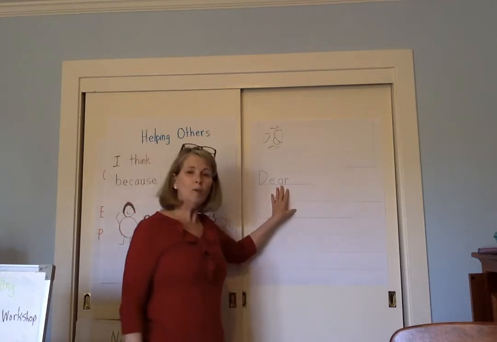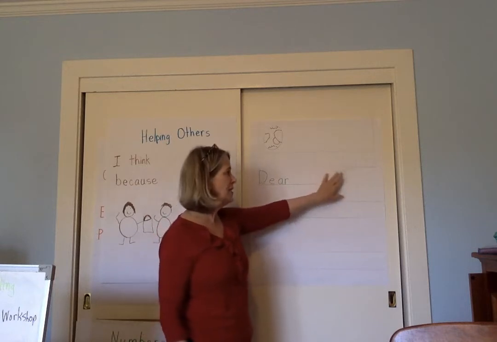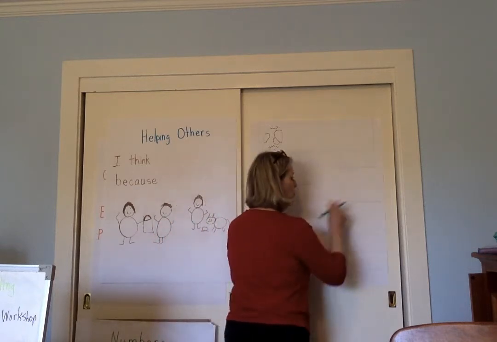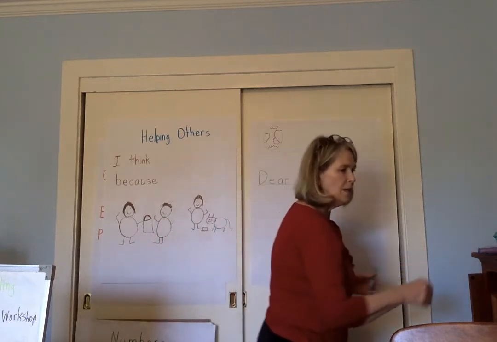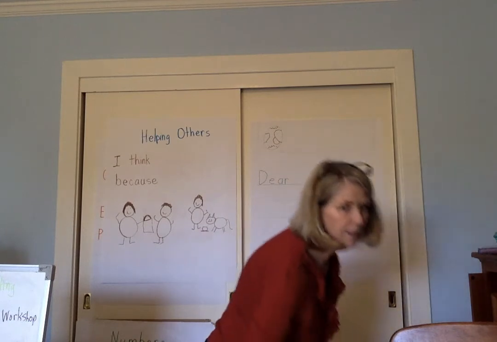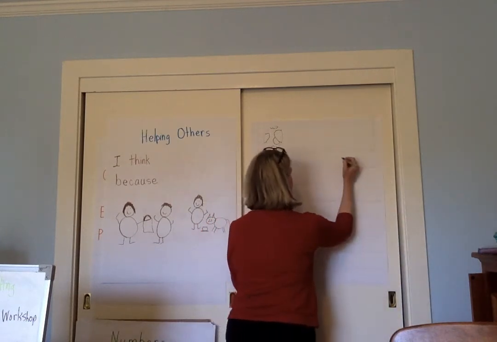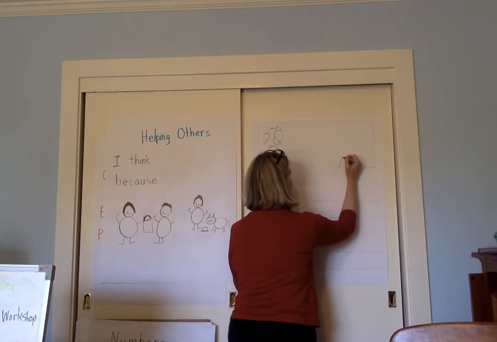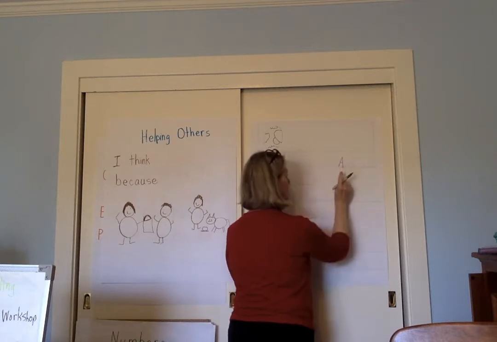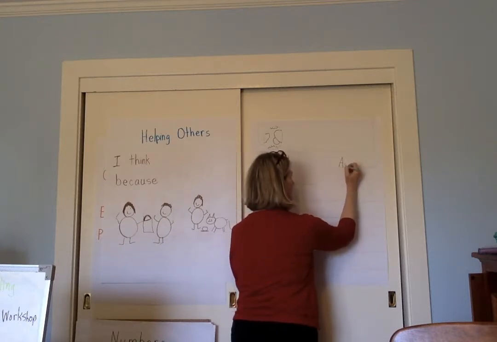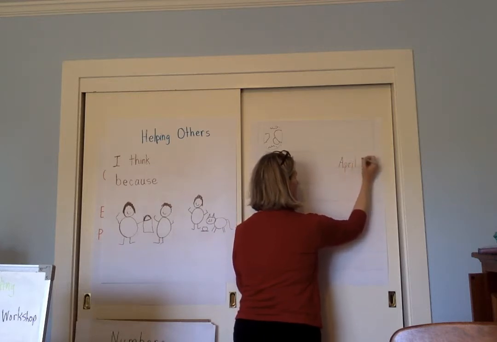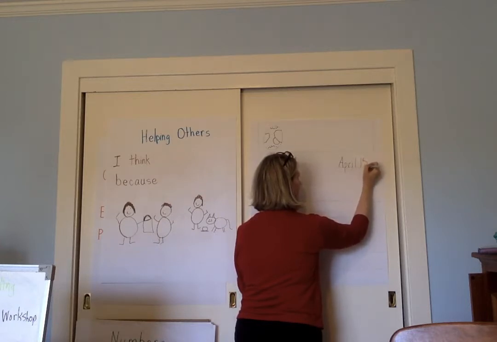A letter always has a date, and the date goes over here. So over on this side, I'm going to put today's date, April. Notice I used a capital A. P-R-I-L, 15th, a 1 and a 5.